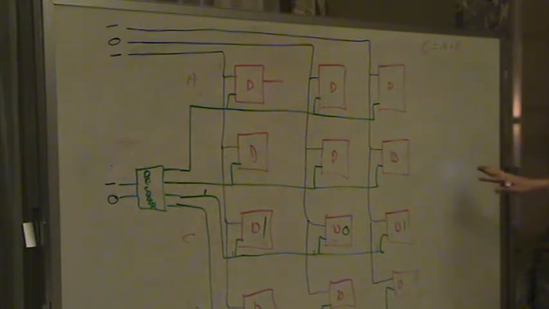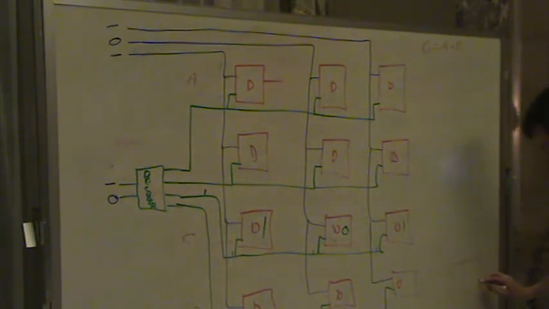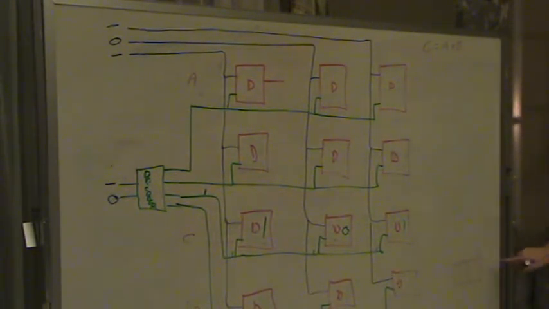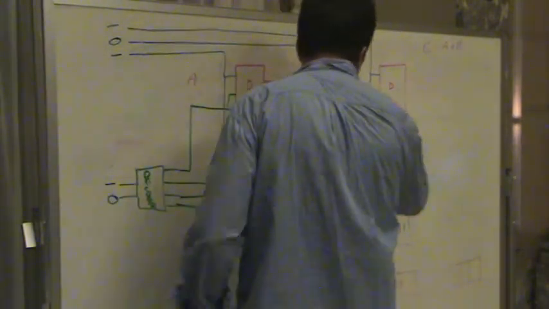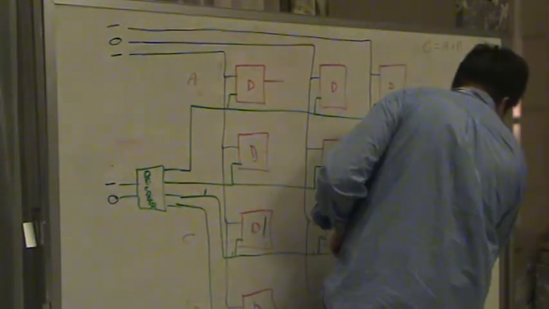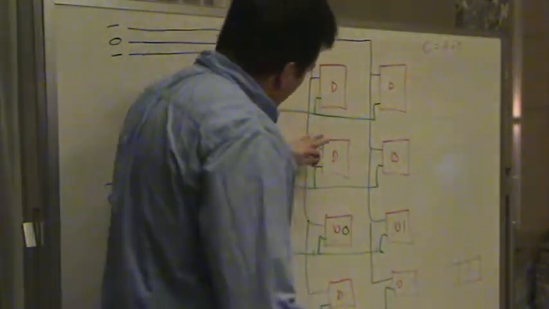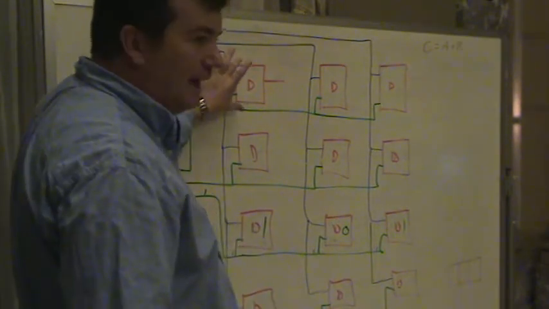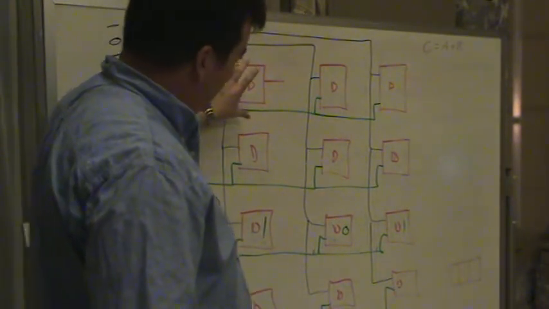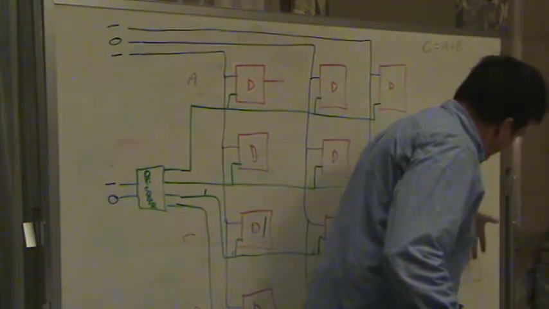So let's say I had a series of more D flip-flops. Let's say I had 3 of them out here. All I want to do right now is take the contents of A, these 3 bits, and write them to these 3 bits, but I don't want this other memory interfering with it. All I care about is A. I want A to be copied here.